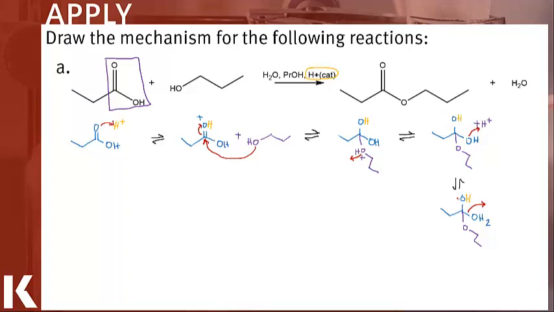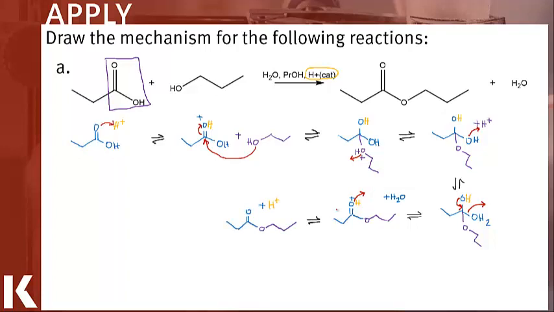Once the water molecule has left, then our oxygen can bring this bond back down and reform that double bond. Once it reforms that double bond, we notice that the carbonyl oxygen is again positively charged. Because it doesn't like to be positively charged, it is going to kick off that hydrogen that is there.